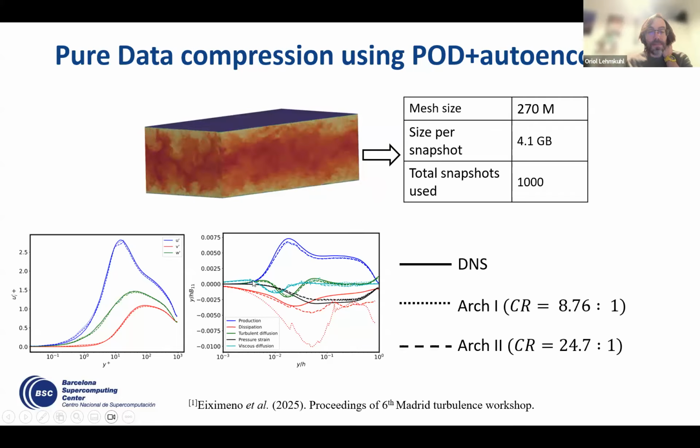But as well, we tested the budgets of the kinetic energy equation. And you can see that we follow the budgets very well. This is very good news. It was very surprising for us. And actually, the only term that is not well represented is the red one, that is the dissipation. And of course, dissipation is very sensitive. And it's something that we are not following well, no?